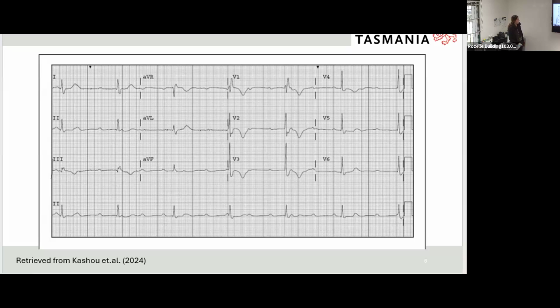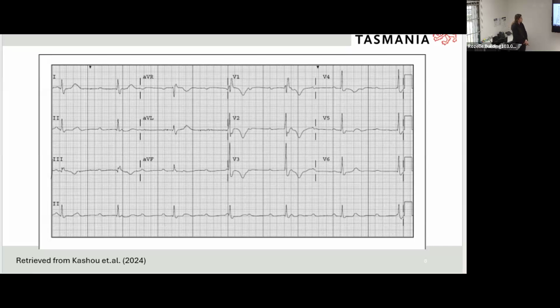What about our T waves? Are they normal or not normal? And can someone describe them for us? Pretty irregular in lead 2. Shape-wise, yep, definitely irregular shapes. Deeply inverted in V1 to 3. Yeah, absolutely, Chloe.